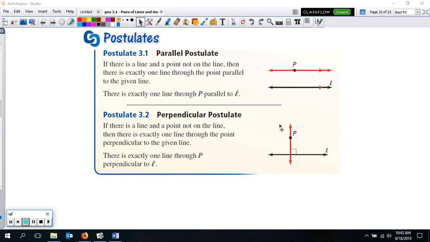Any other line going through here is not going to go at a right angle, so there's only one that's going to intersect L at that right angle. Just like up here, there's only one line that's going to be parallel and never intersect with L. Any other line would eventually intersect with L.